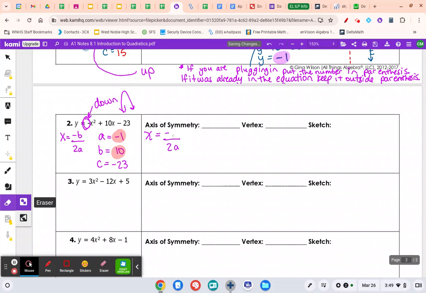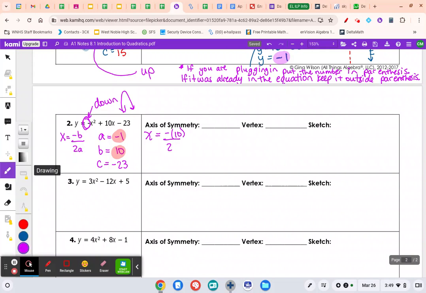Sometimes I do that. So like I need to replace B with 10 and I need to replace A with negative 1. Eventually, it's your goal to become so good at these that you don't need to do that erase and replace method. But if you need to, that's totally fine. We get our answer, x equals 5. So that is a vertical line at 5.